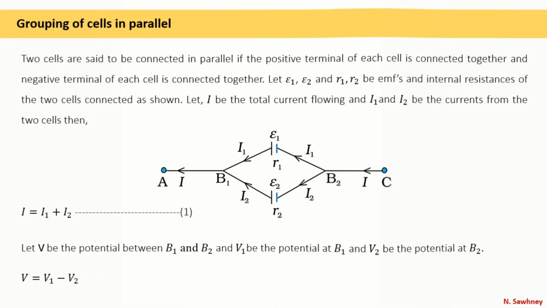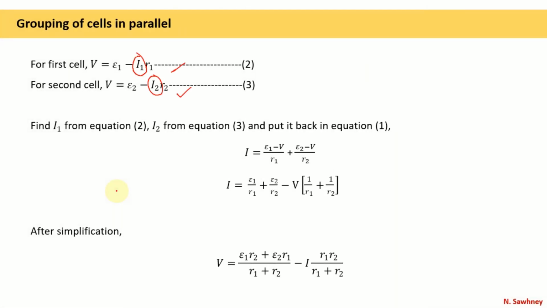See here, equation number 1 is total current I is equal to I1 plus I2. So the total current I is equal to I1, which we obtained from the second equation, plus I2, which we obtained from the third equation. Adding the two terms carefully, we obtain the total current equation as this.